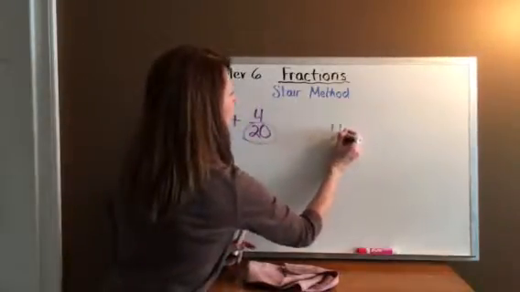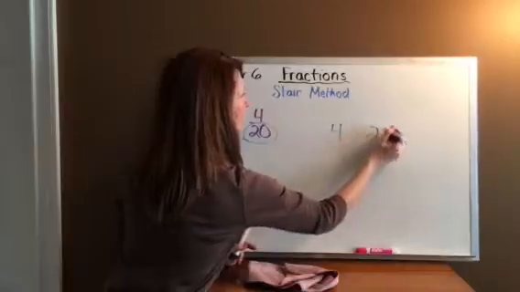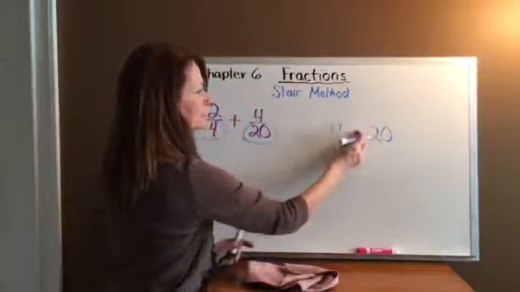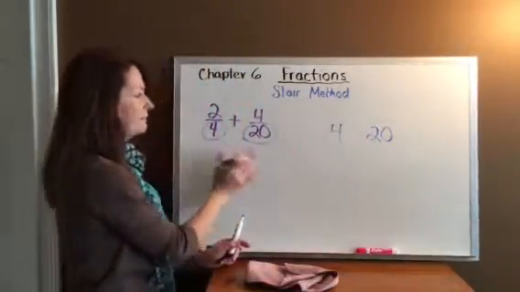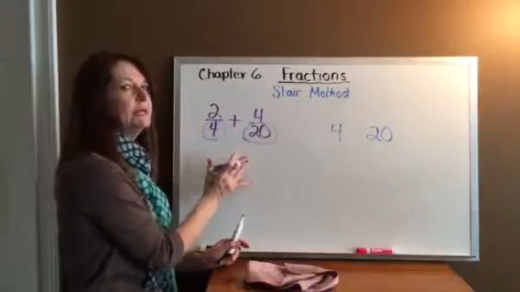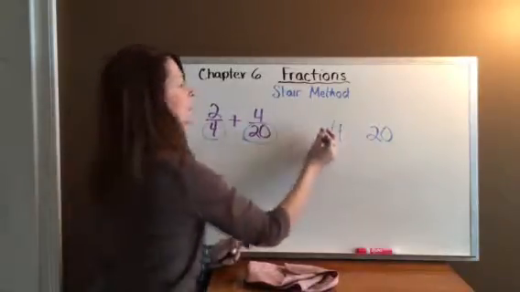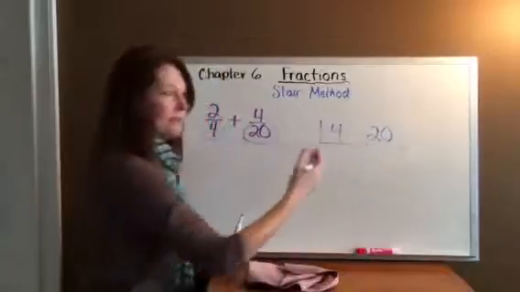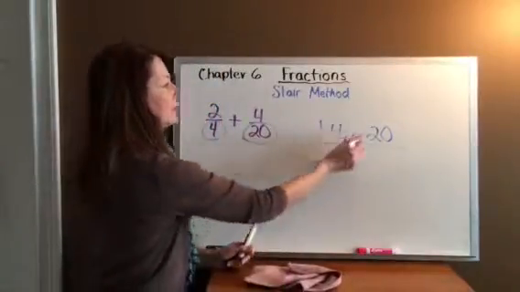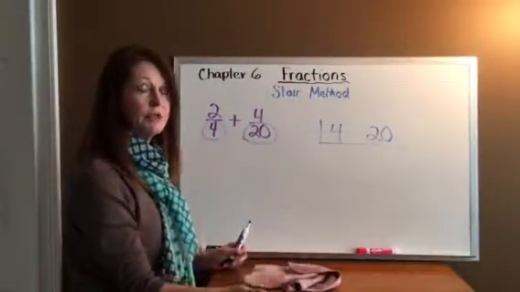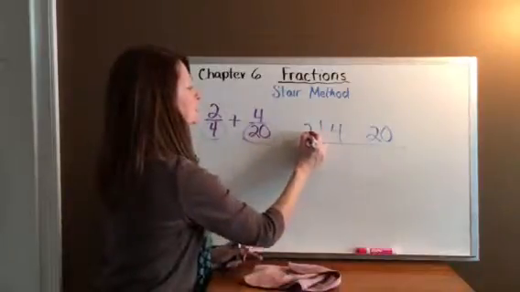We've got a 4, and we've got 20. Notice I'm not putting that division symbol in there because this is not a fraction. These are two independent and separate denominators. All right, go ahead and draw your upside down division sign. What number would go into both of these? 2. Let's go ahead and put 2.